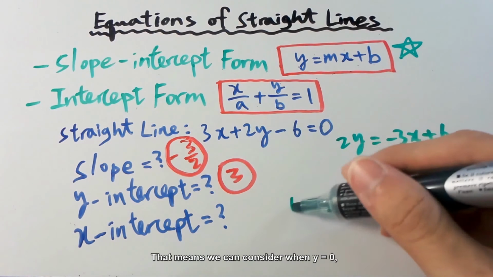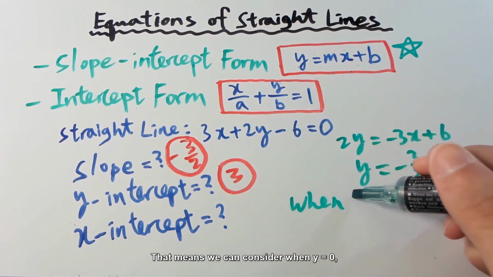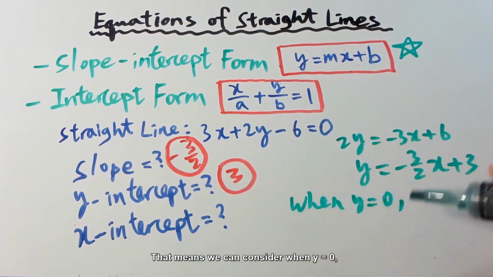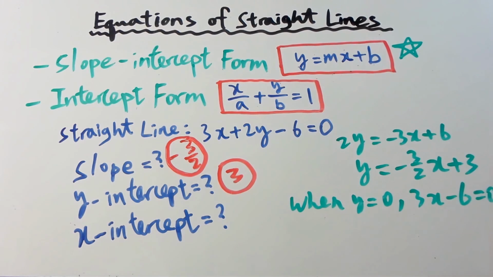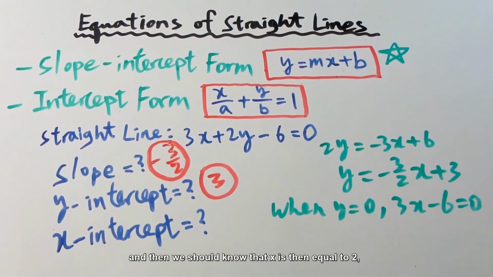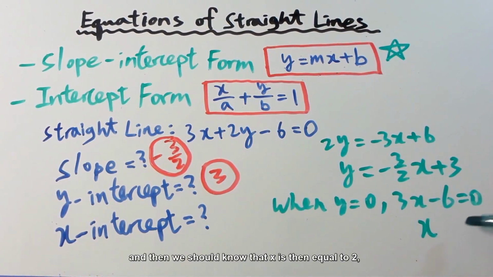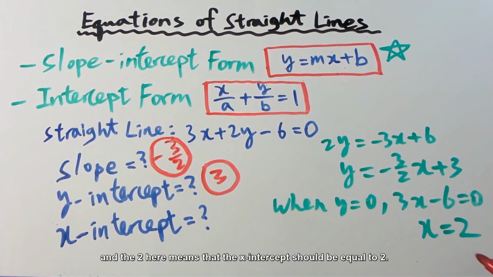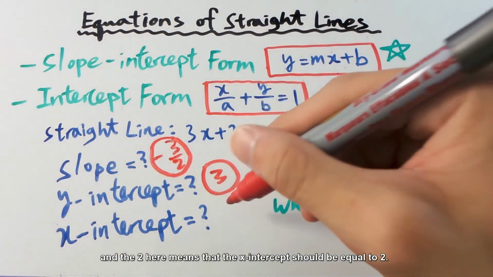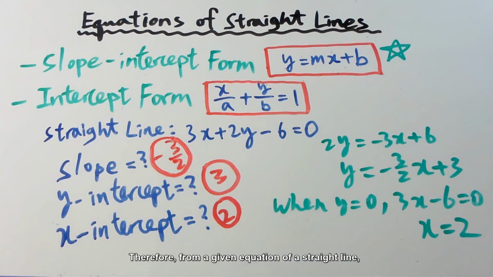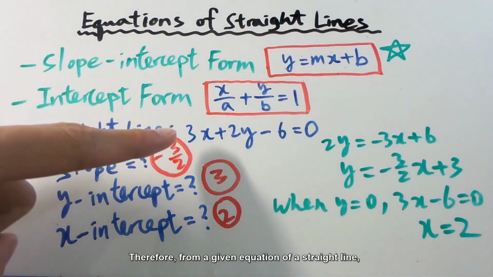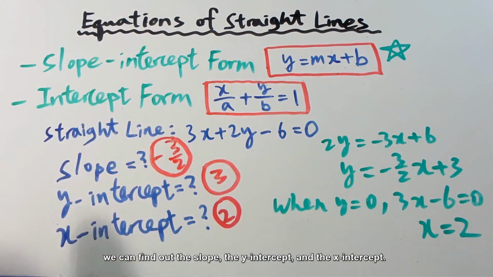That means when y is equal to 0, this equation becomes 3x minus 6 equals 0. And then we should know that x is then equal to 2. And the 2 here means that the x-intercept should be equal to 2. Therefore, from a given equation of a straight line, we can find out the slope, the y-intercept, and the x-intercept.